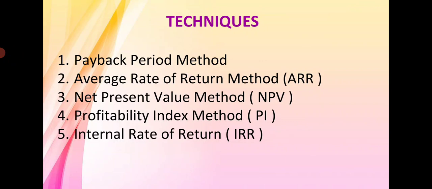So today we are going to discuss a few different techniques through which the organization is able to make the decision whether to select a particular project or not. Here are 5 different techniques through which the management is able to make their decision about capital budgeting. Now let's discuss these techniques one by one.